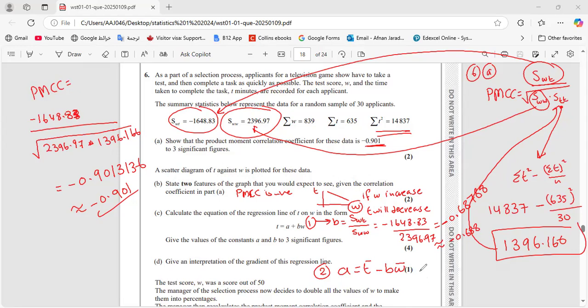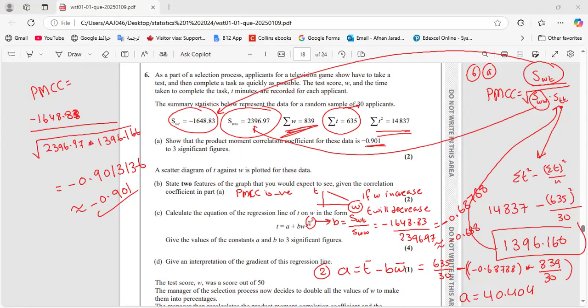T bar is the sum of T over 30, which is 635 divided by the number of applicants, 30, minus B, which I found, negative 0.68788, multiplied by W bar, which is the sum of W over N, 839 divided by 30. So the final answer for A is 40.404.